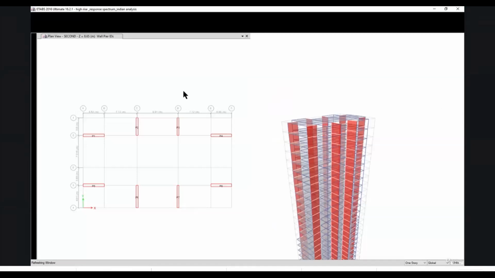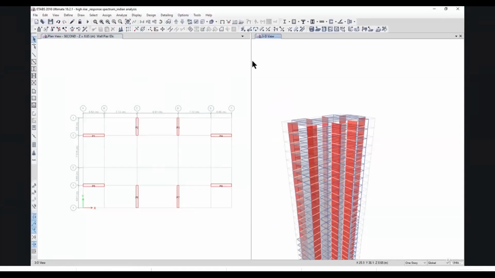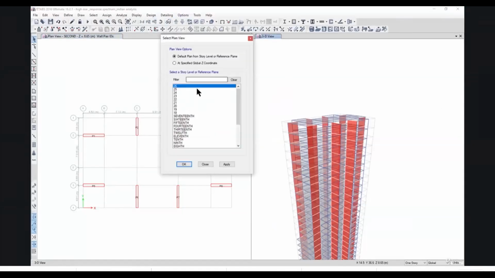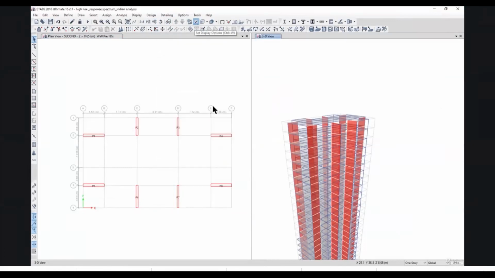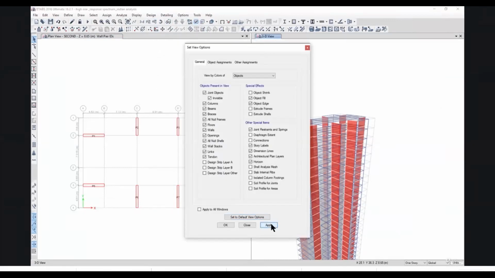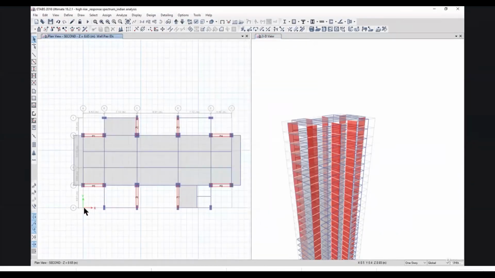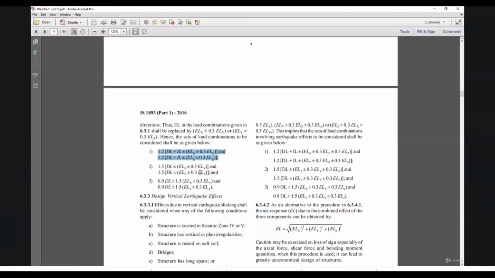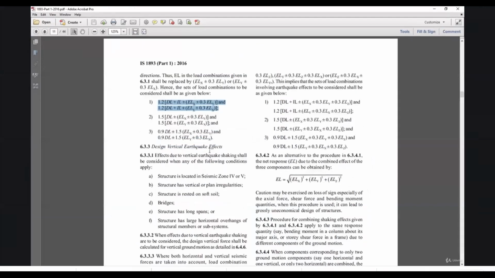Here in our case, the building line is parallel to the x-axis and the building line is parallel to the y-axis. If this building were rotated like this, so that the building is non-orthogonal, then in that case we would need to apply this type of loading.